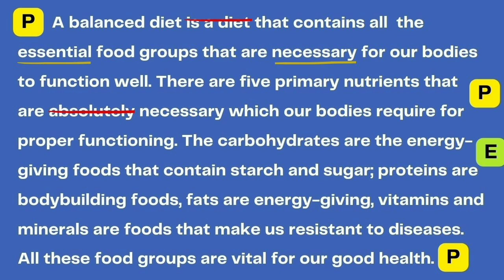So now we have to pull apart this sentence that gives these examples and explanations to identify which are the 5 primary nutrients. Can you identify them? So carbohydrates include starch and sugar. Proteins are bodybuilding foods. So that's the second nutrient that's mentioned. Then we have fats, then we have vitamins, number 4, and minerals, number 5.